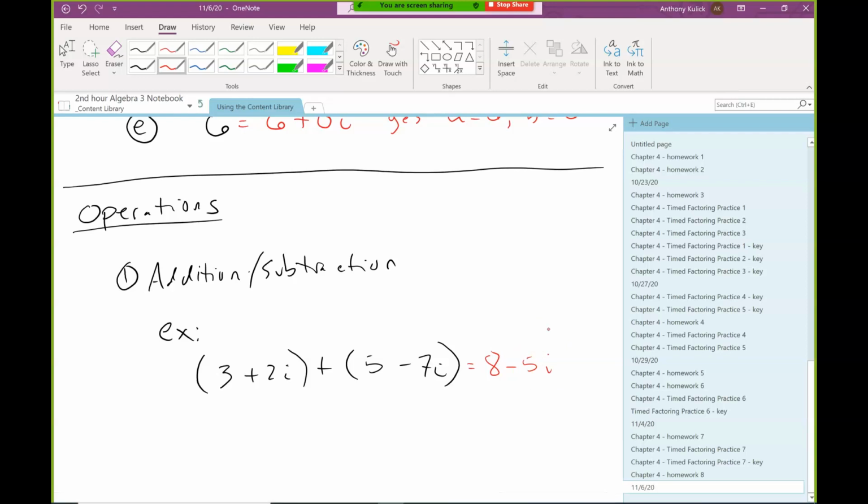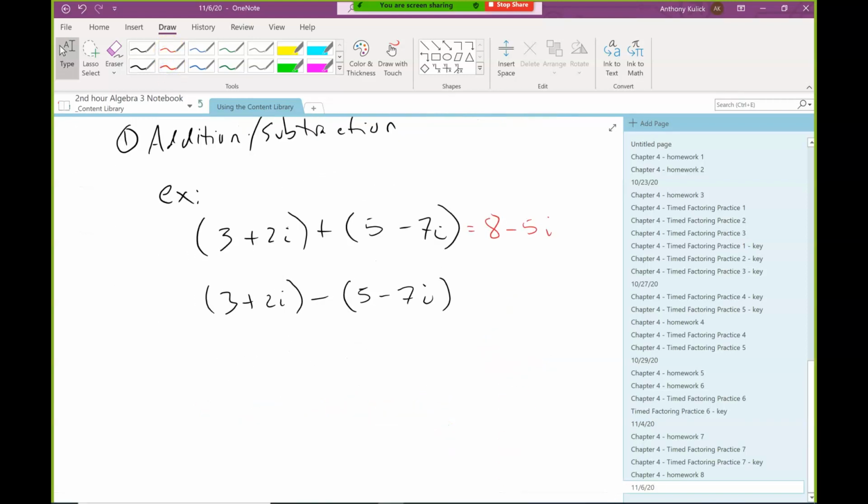What if this was subtraction? What's the thing that we have to be careful about here if it's subtraction? Yeah, so this negative is like distributing through.